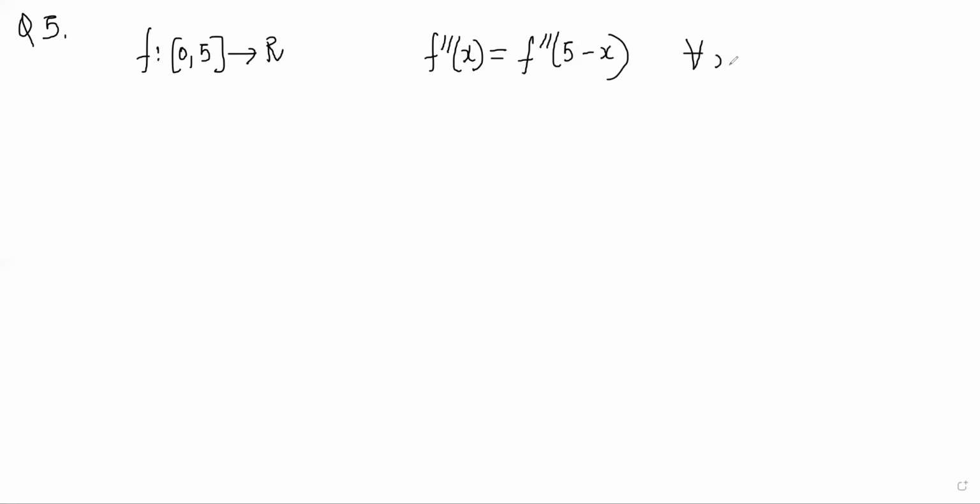Okay. Next one is this. If you have f going from 0 to 5 to R such that f double dash x is equal to f double dash of 5 minus x for all x belonging to 0 to 5.